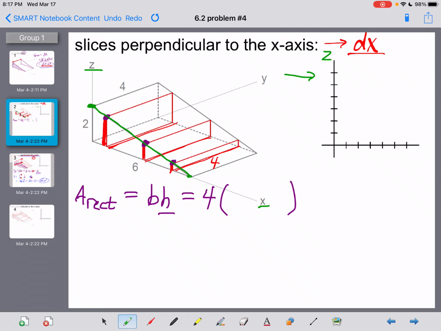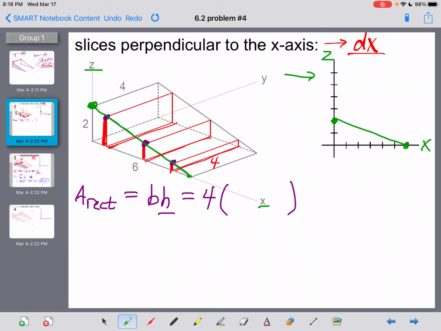My z-axis is vertical, my x-axis is horizontal. And the line that I'm going to draw starts with a z-intercept of 2 right there, and it ends at an x-intercept of 6. So I'm going to go ahead and draw that one line segment. Sorry, that one line segment that connects those 2 green dots.